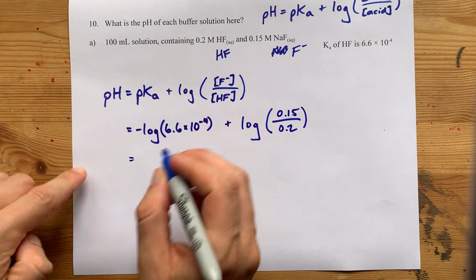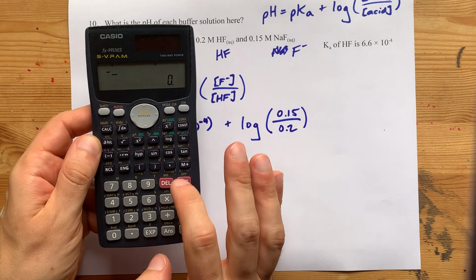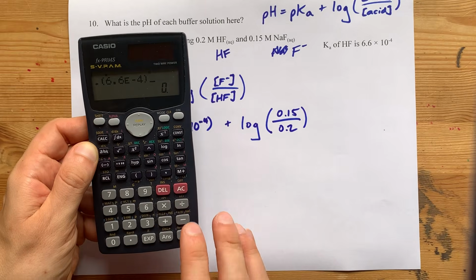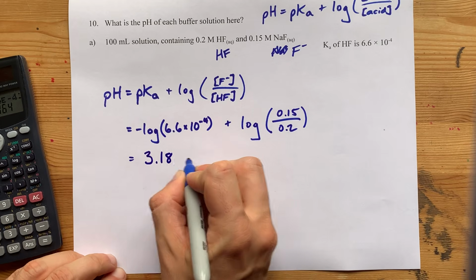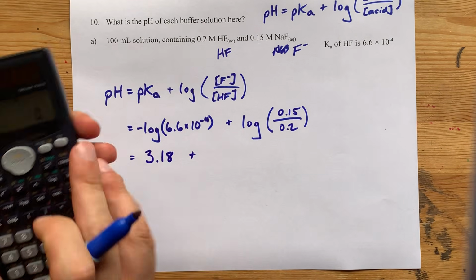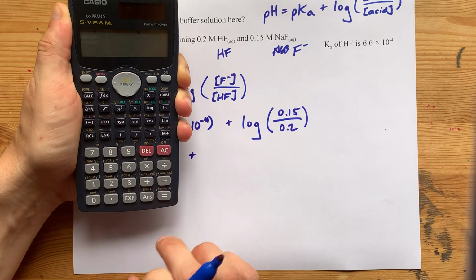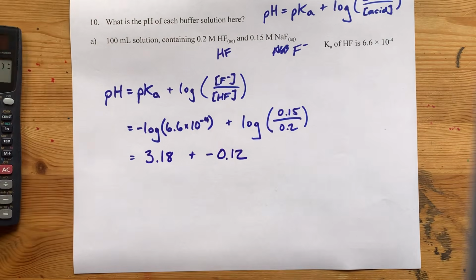Now you could probably do all of that on your calculator all at once, but I'll do it piece by piece. Negative log of 6.6 times 10 to the negative 4 gives me 3.18. And then I'm going to add the log of 0.15 divided by 0.2. That's negative 0.12.